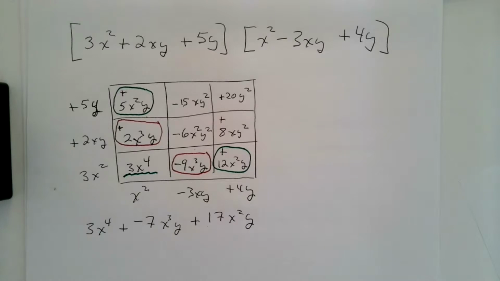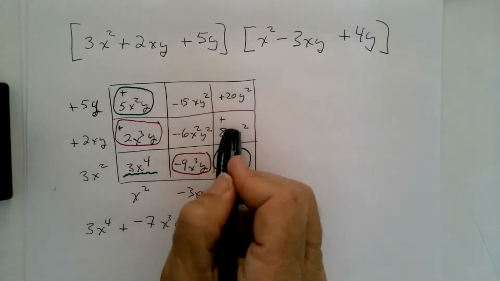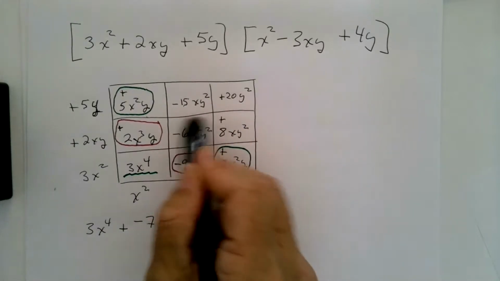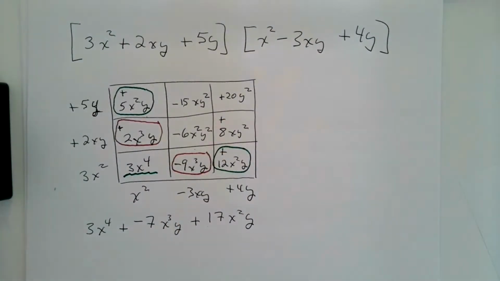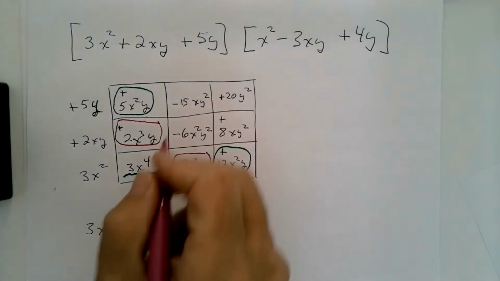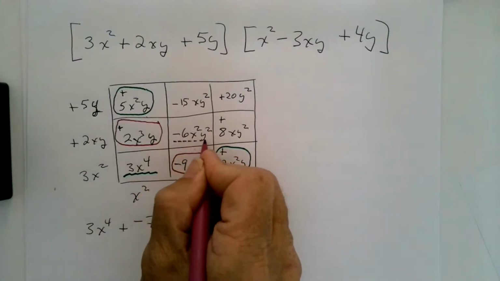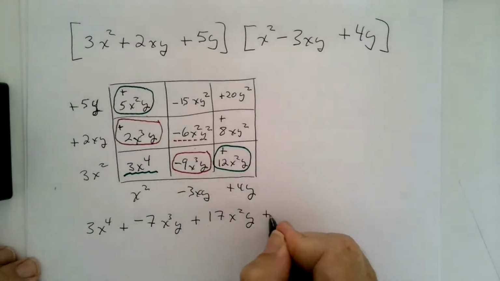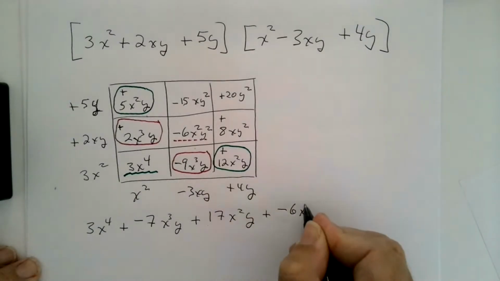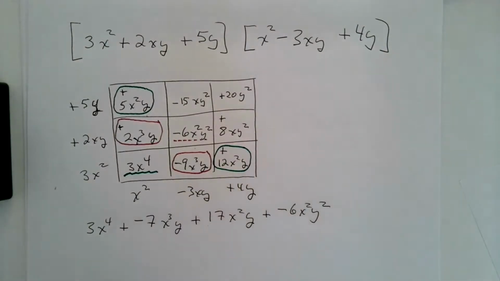Now, what do we have left? I have these 4 things. So you'll notice this guy doesn't have anybody else that's in that same family, the x squared y squared family. That's the only one. So that's plus negative 6 x squared y squared. Then what do we have?